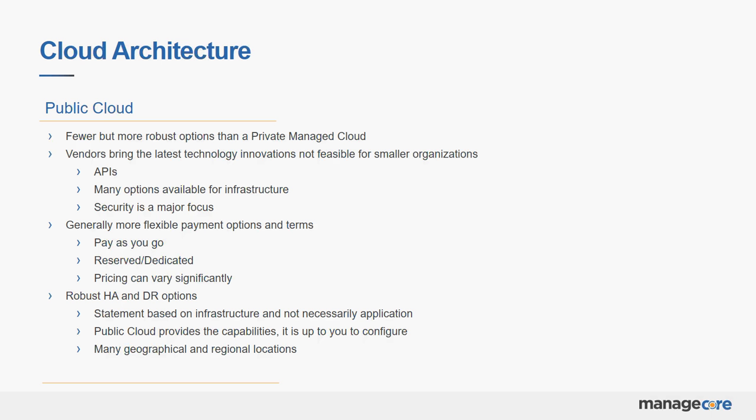It is up to you to configure it. And within those environments and those regions, they have multiple data centers. So, depending on the region you have, Australia may have 2 or 3 data centers there. Europe, depending on where you're at, may have the same thing with the U.S., and you could spread that out between different regions geographically and different data centers within that region. So very robust infrastructure.